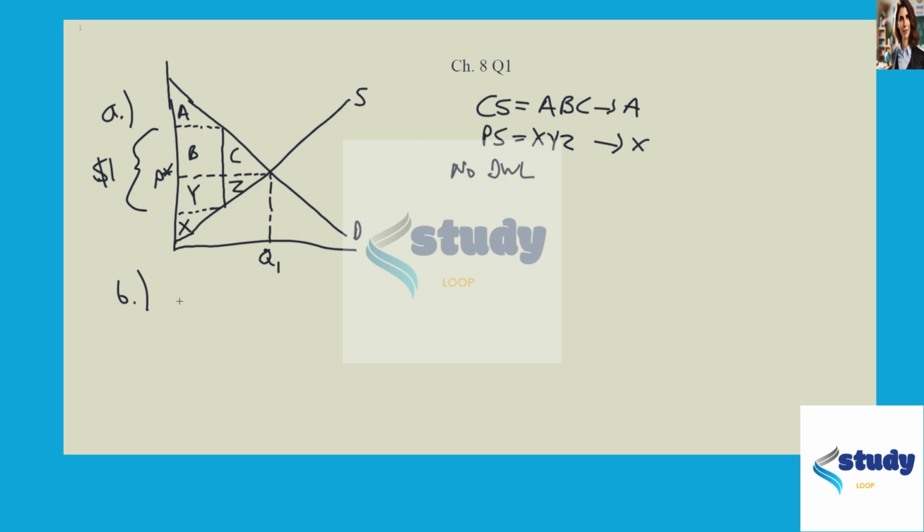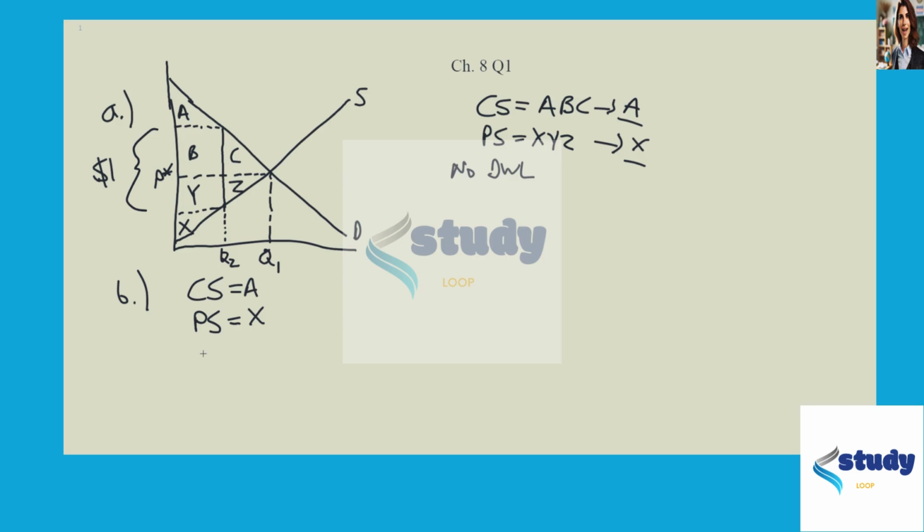But in part B, we see that we have these new values for consumer surplus and producer surplus. And in addition to that, we have this triangular region here to the right of the new equilibrium quantity.